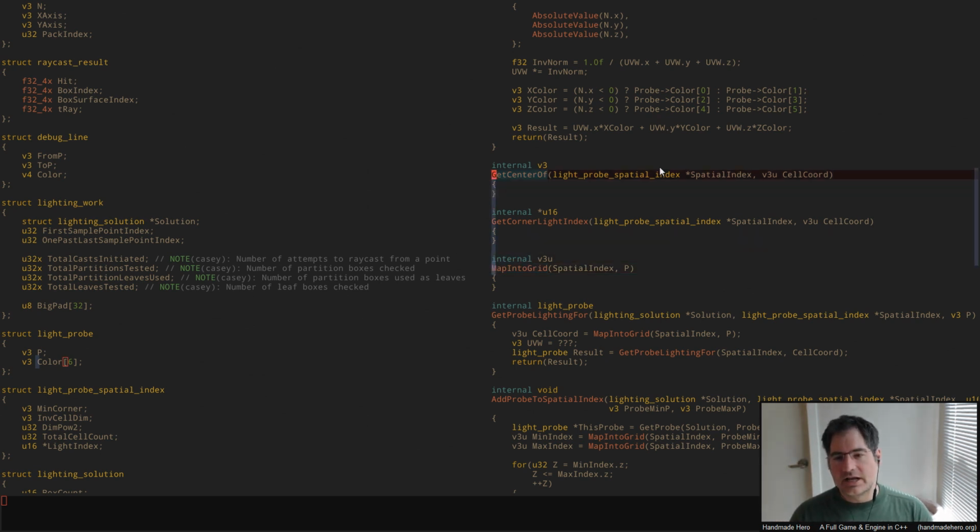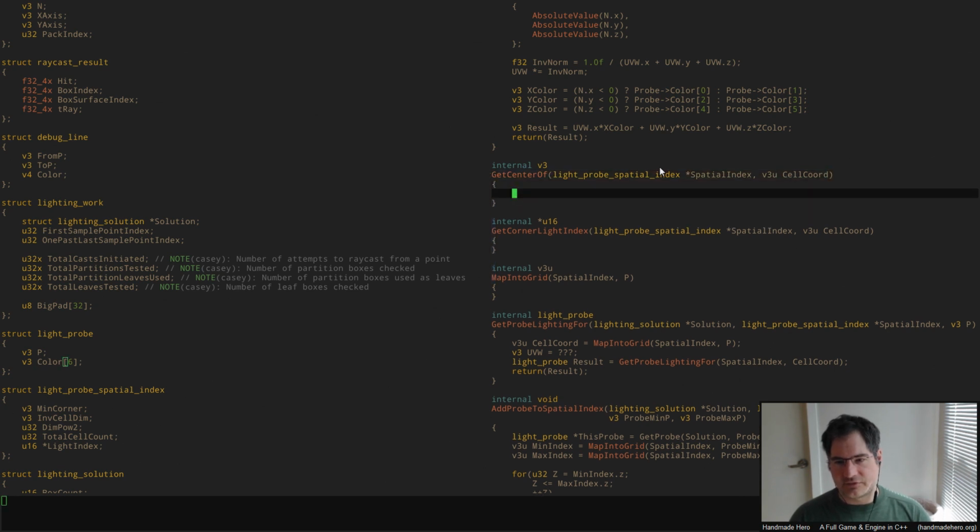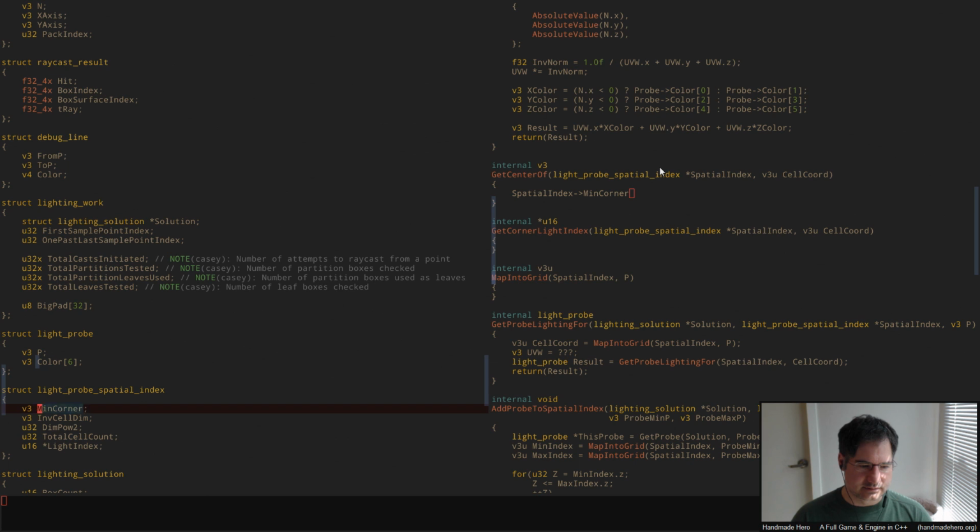Anyway, so in this case, for get center of, for the spatial index, we know that we've got a min corner somewhere, right? We're going to have that. In fact, it's already written in there, right? I'm going to store the cell dim, because why not?